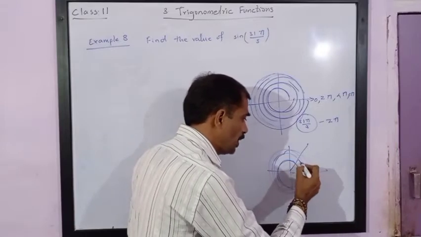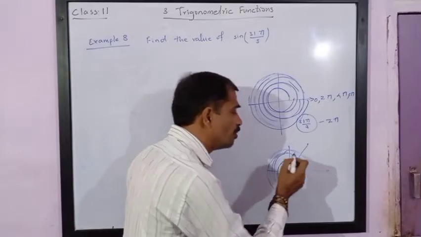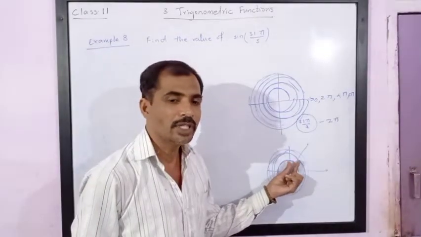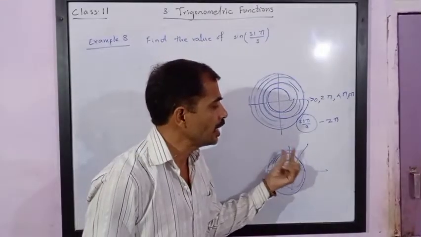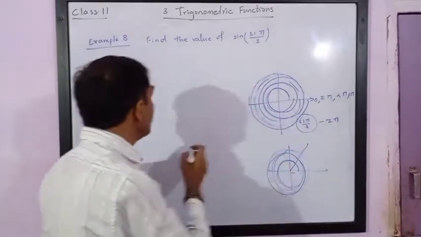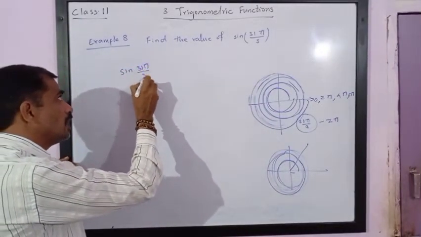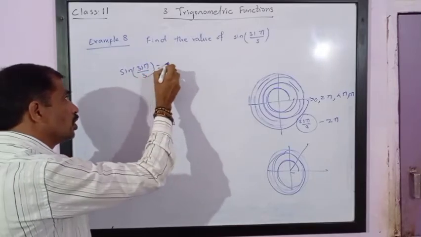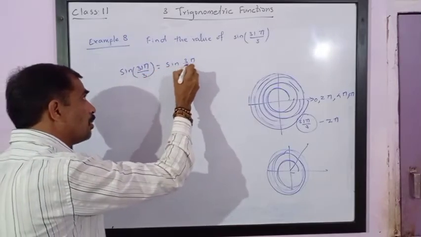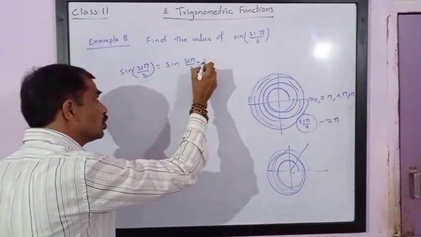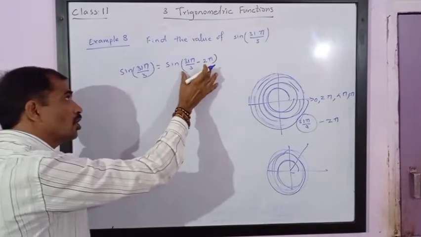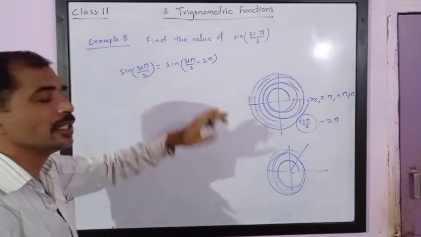So if we subtract 2π, we will again come to the same position because we are subtracting exactly one complete circle. So sine of 31π/3 is equal to sine of 31π/3 minus 2π. Understand this: if you subtract 2π, we get the same values.